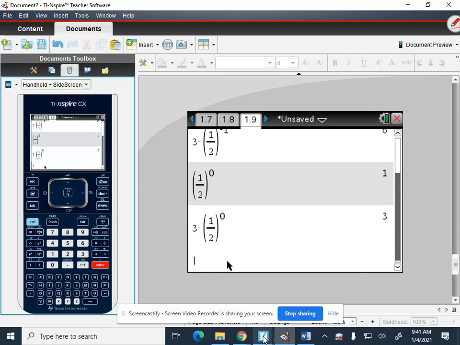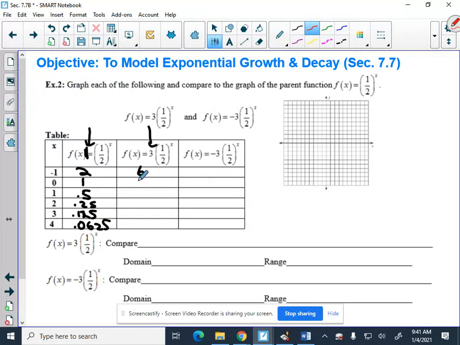Okay? So what do you think we get when we put in the 0.5? What's happening to all those numbers? They're all shrinking, but what's happening when you compare this one to this one? Times 3. Good. So this one would be 1.5.